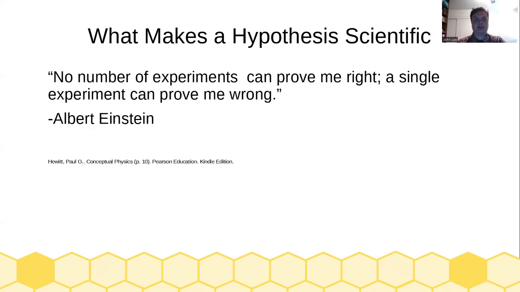So, going back to this ideal, Einstein said, no number of experiments can prove me right, a single experiment can prove me wrong. And that is the very core of a scientific hypothesis. It has to be disprovable.